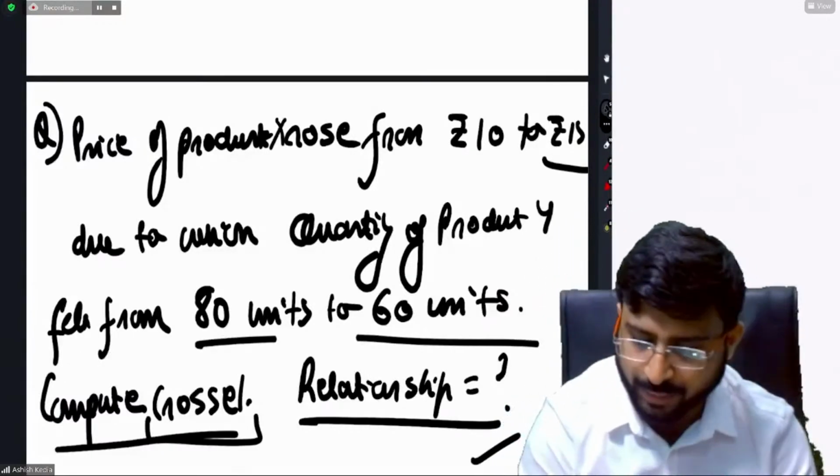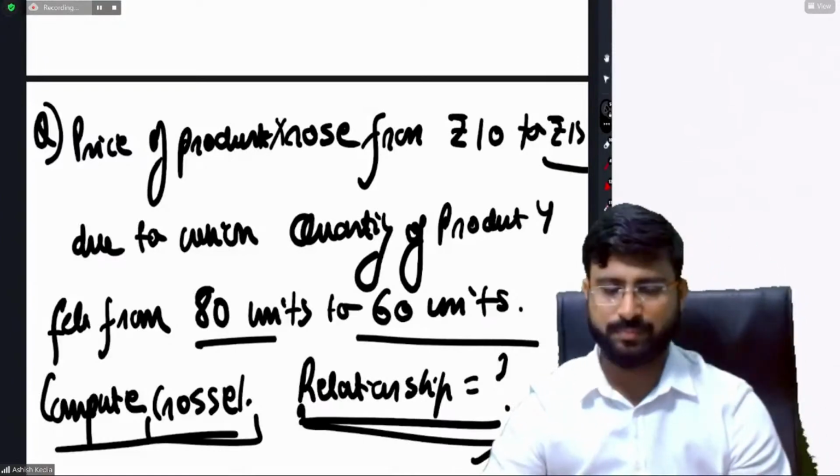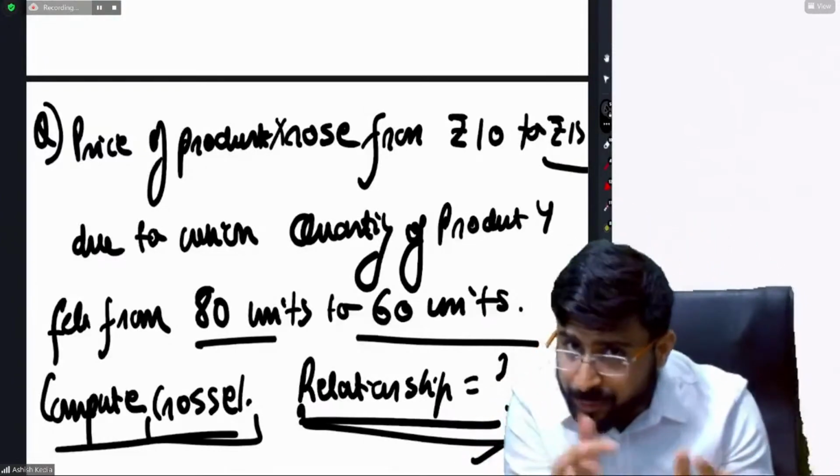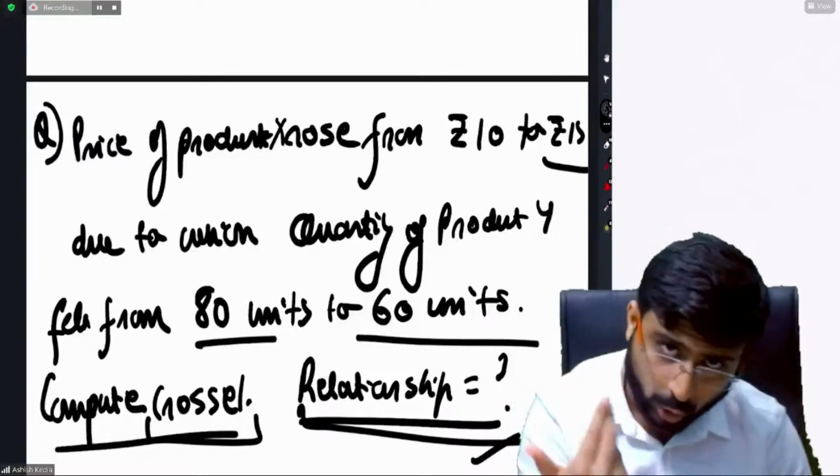Compute cross elasticity of demand. Also explain the relationship. Whether the goods are complementary or substitute, what is the relationship? You all do it, then I will help.